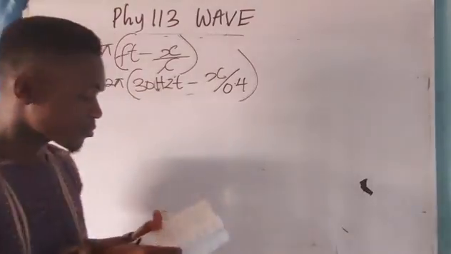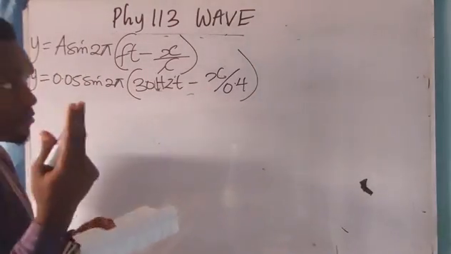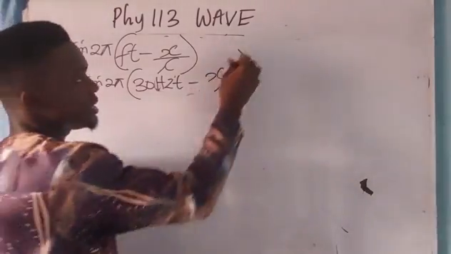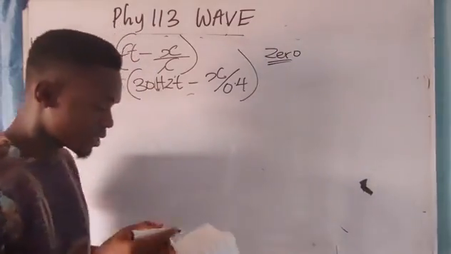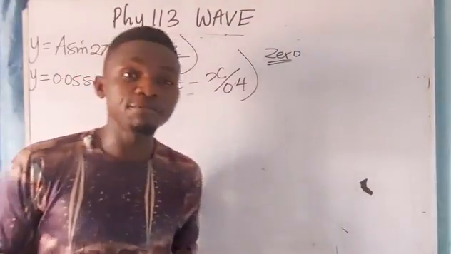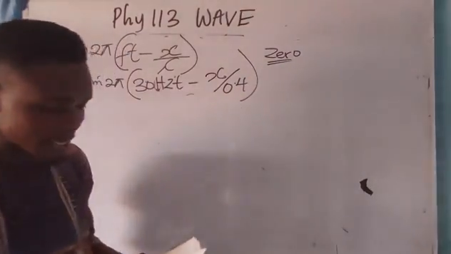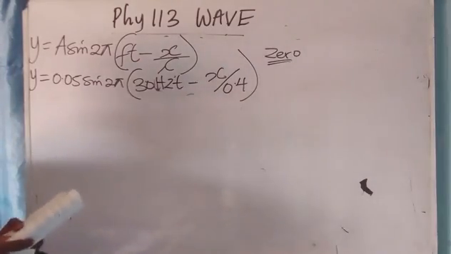Please listen, the phase difference between two waves is simply 0. So the answer is 0. You are not solving anything here. The phase difference between two waves is simply 0, which means the answer to this question is A, 0.